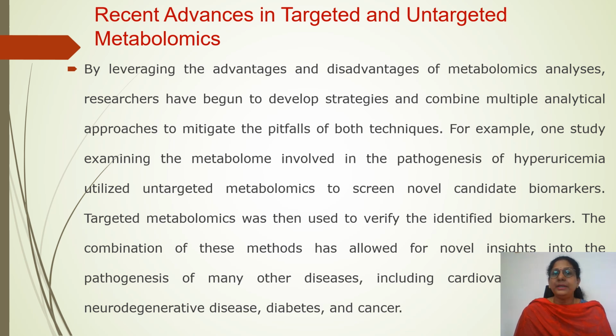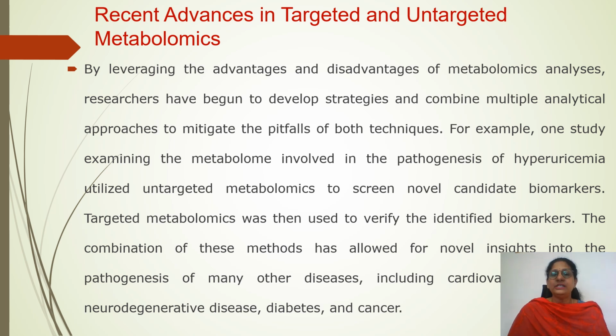Researchers have begun to develop strategies and combine multiple analytical approaches to mitigate the pitfalls of both techniques, targeted and untargeted. For example, one study examining the metabolome involved in the pathogenesis of hyperuricemia utilized untargeted metabolomics to screen novel candidate biomarkers. Targeted metabolomics was then used to verify the identified biomarkers.